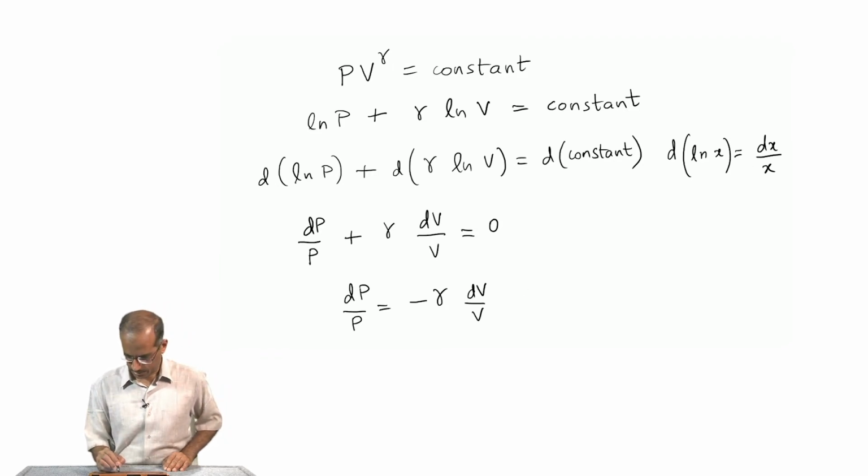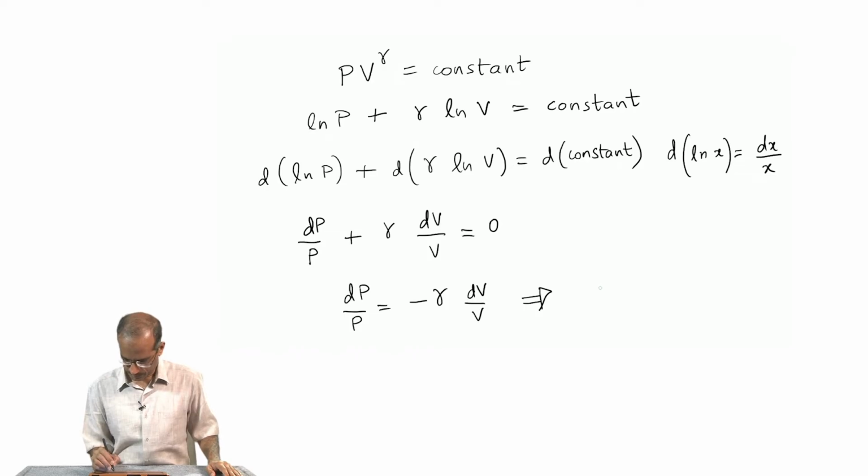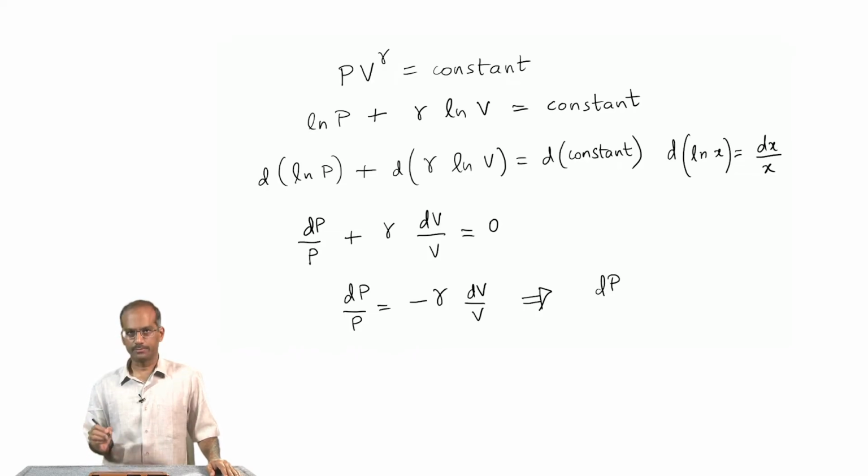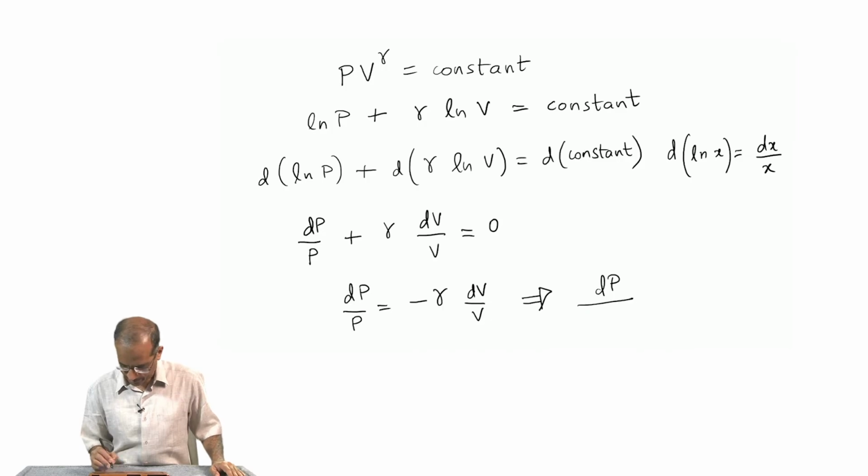and this I want to write it differently in the following way. So, dp, the change in pressure, divided by dv by v.